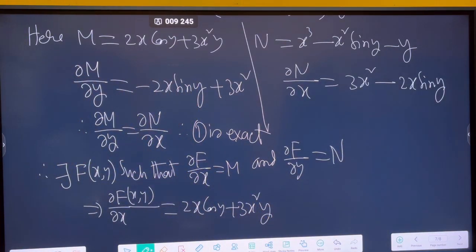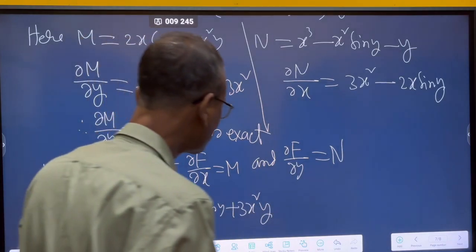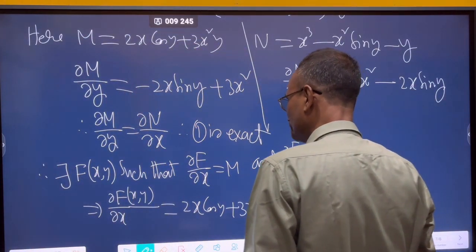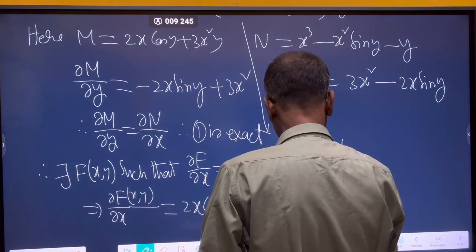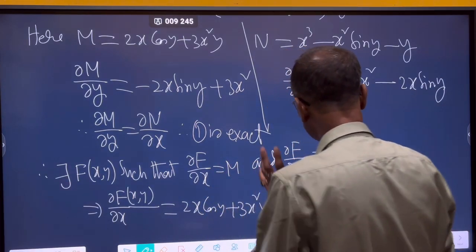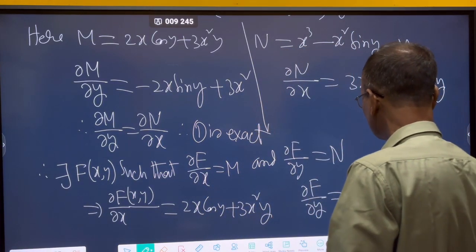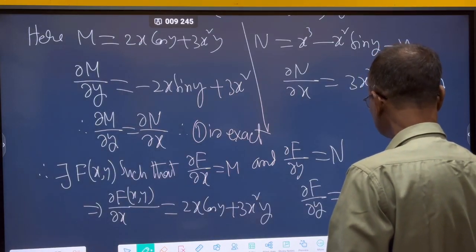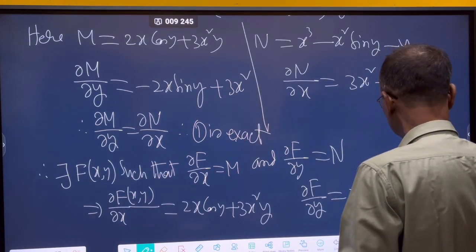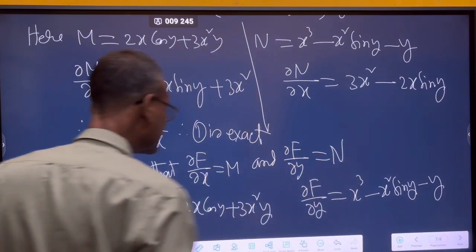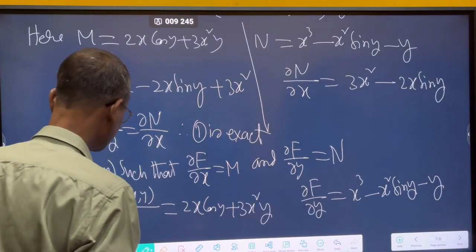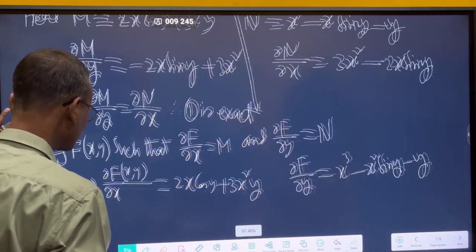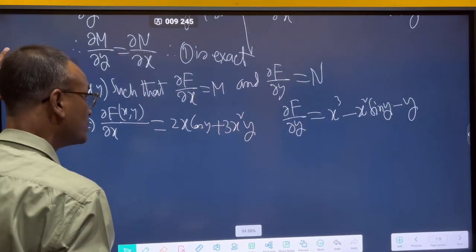And del f by del y equal to N. What is N? N is equal to x cube minus x square sin y minus y. We shall find this.